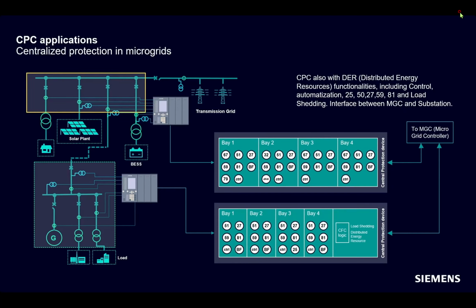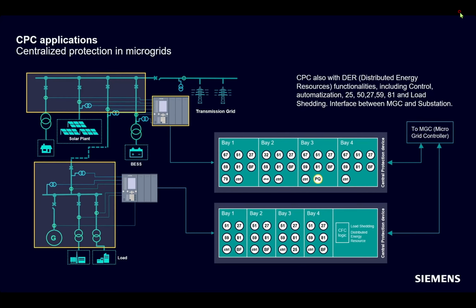For this substation with non-critical loads and 4 bays, including the battery storage system and solar plant input switchgears: one 7SX85 as CPC with protection functions like frequency, rate of change of frequency, and breaker failure, and optional power quality monitoring.